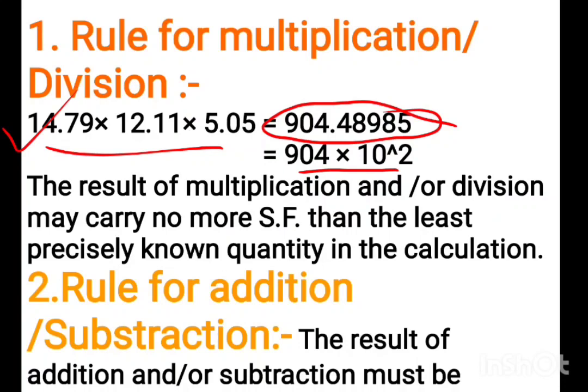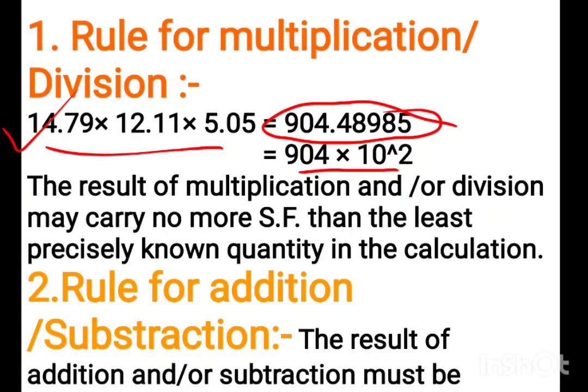So the result of multiplication or division may carry no more significant figures than the least precisely known quantity in the calculation.